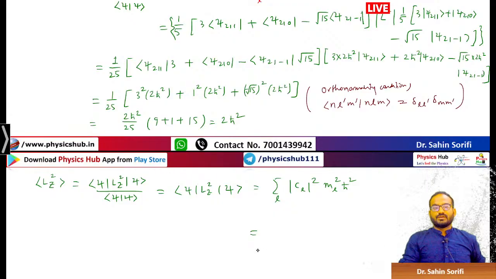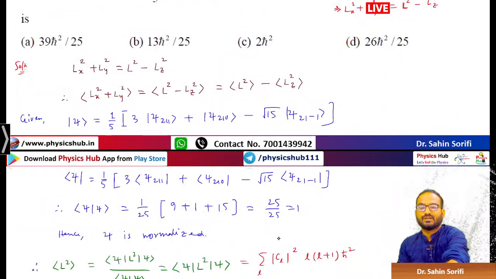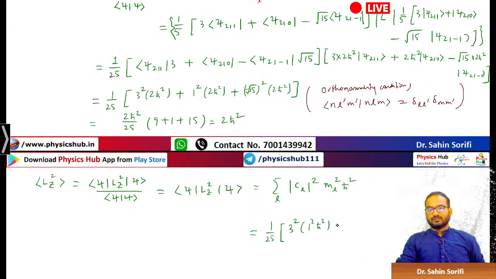So 3 by 25, okay, 3 by 5 was there. So 1 by 25 we are taking outside, it is common. 3², ML²ħ². What is the ML value for first one? Psi 2 1 1. So 1²ħ². Next 1² 0²ħ².